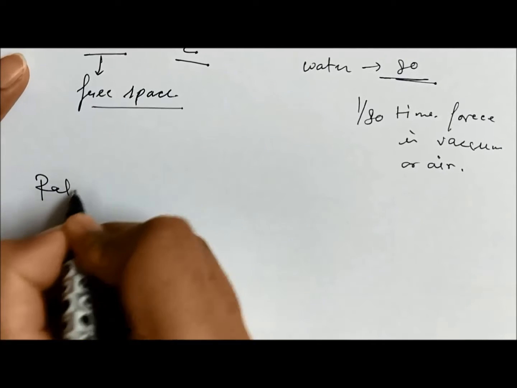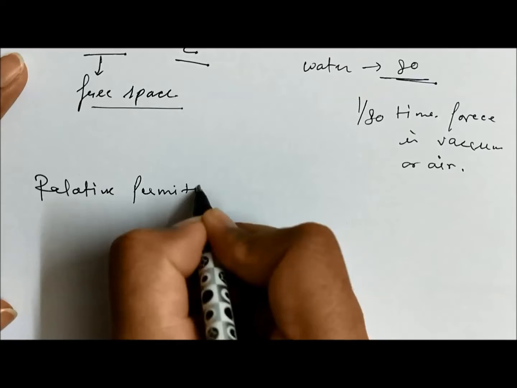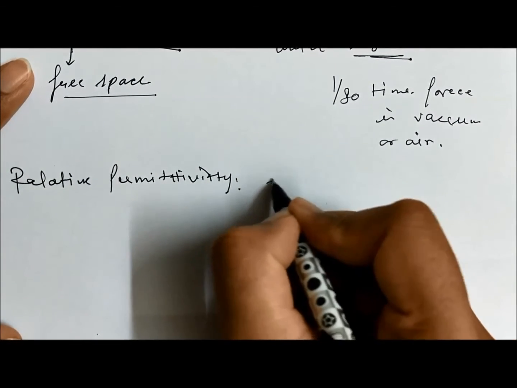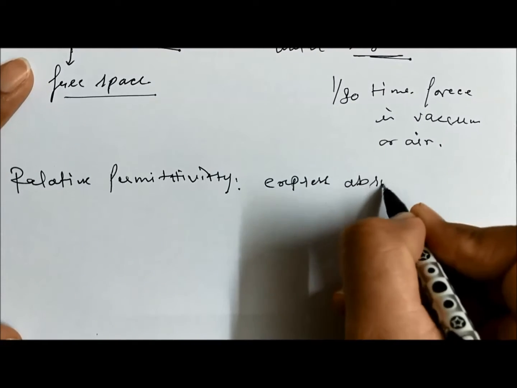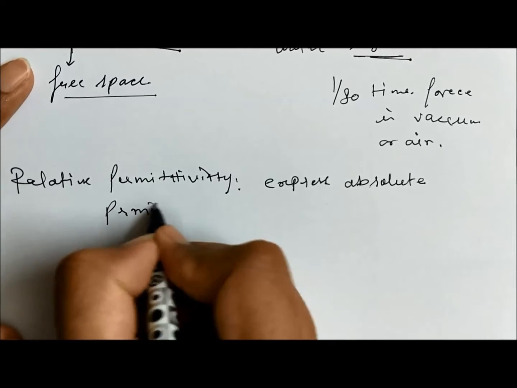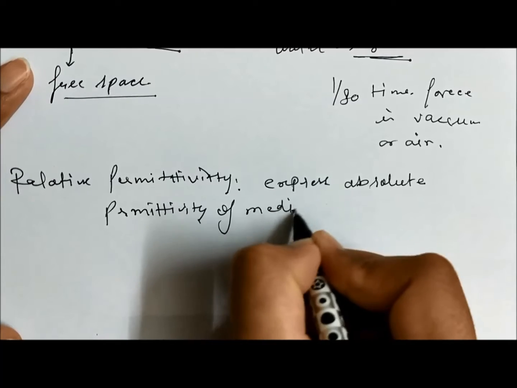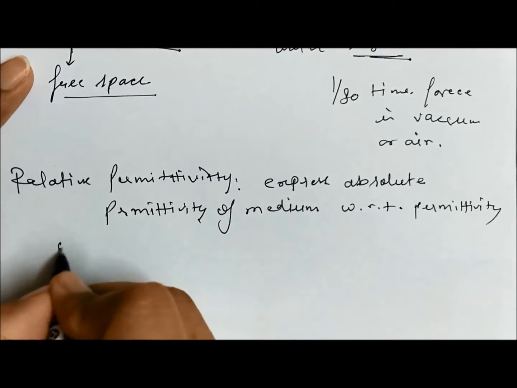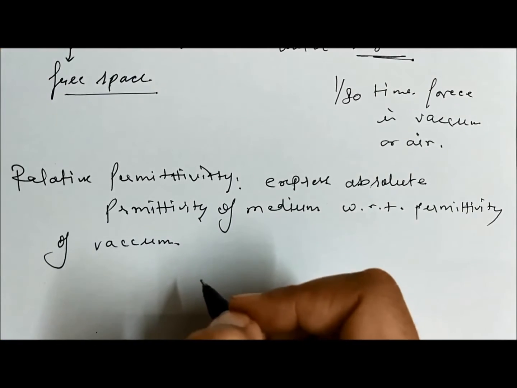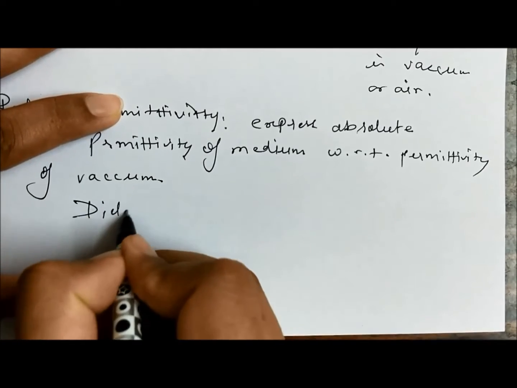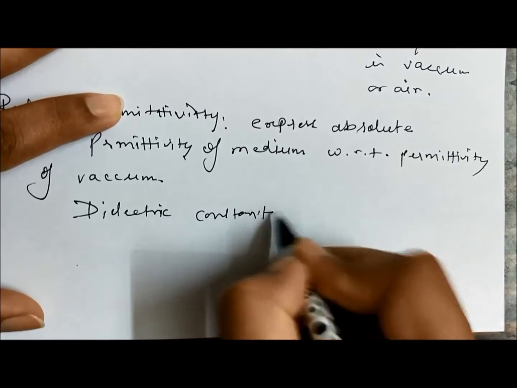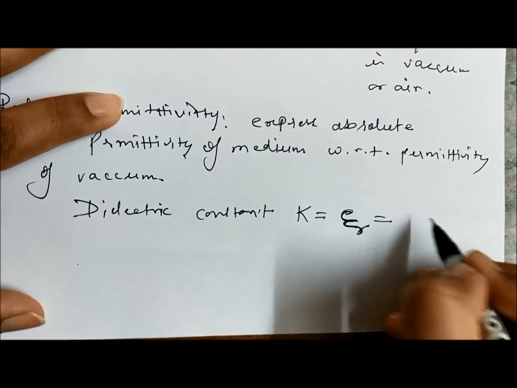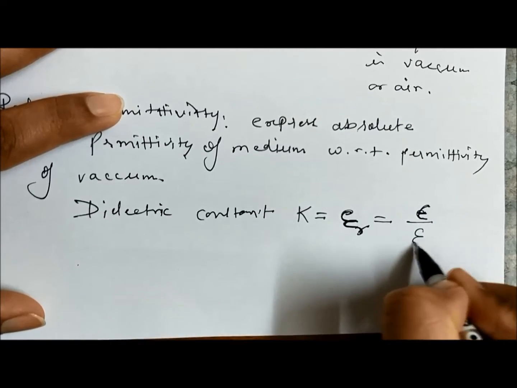Now the relative permittivity is firstly a dimensionless constant, which expresses the absolute permittivity of the medium with respect to the permittivity of vacuum, and it is also known as dielectric constant, which is K. We can represent it as epsilon R, that is relative permittivity, and it will be epsilon upon epsilon 0.